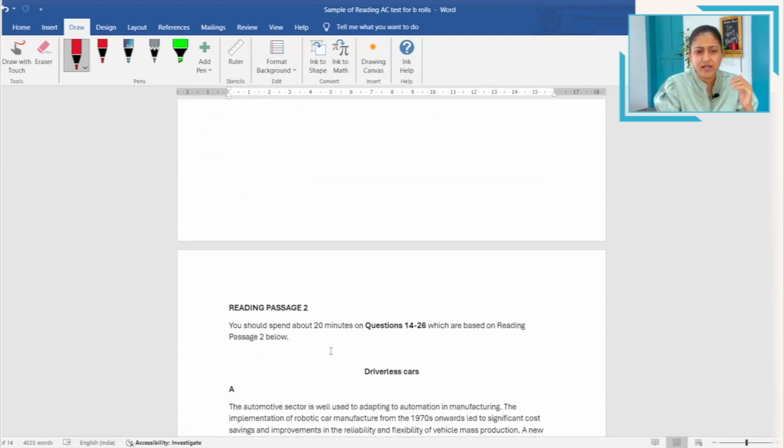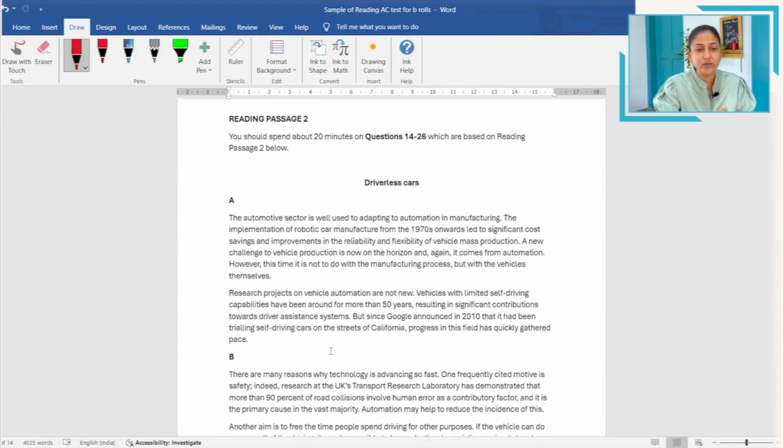Let's move ahead. What do we see now? We see reading passage 2. Again, what are the instructions? It says you must spend about 20 minutes on questions 14 till 26 based on the reading passage 2 below. Now we have the heading again and then the passage starts.